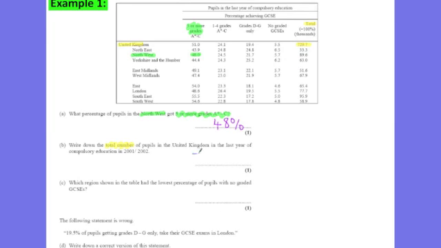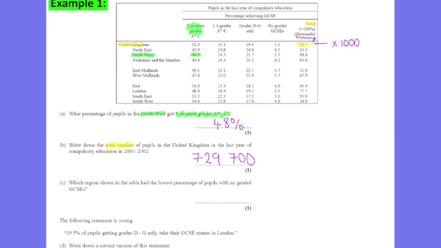Identifying from the table here, the total is 729,700. So this number here, we must multiply by 1,000 because in the data table, the figures quoted are in thousands.